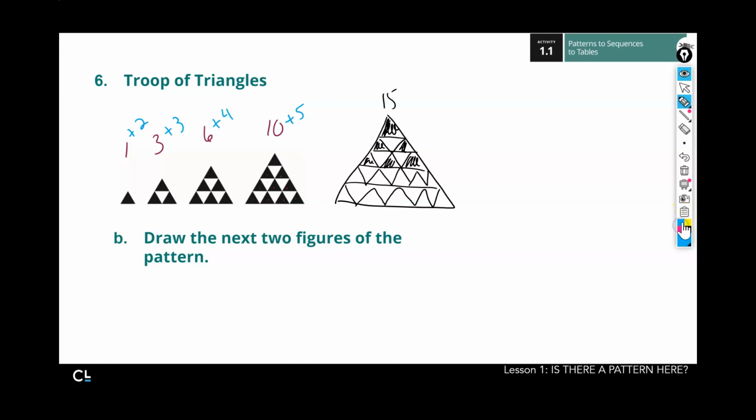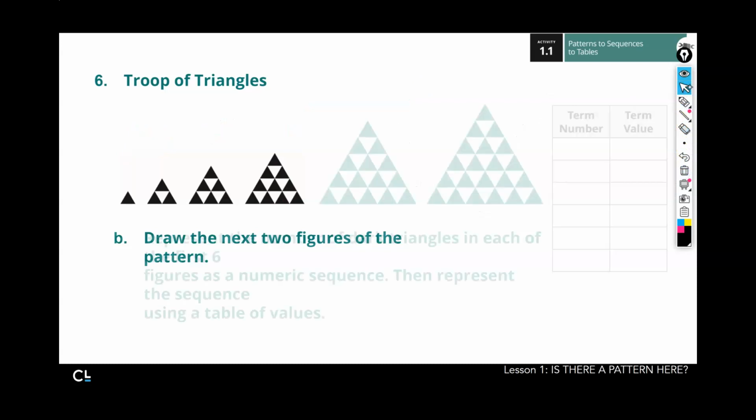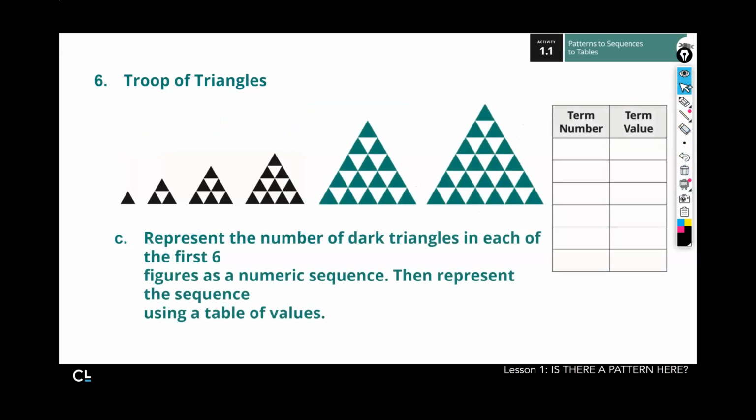Then we would add 6 to that and get 21 dark triangles. Maybe your drawing will be better. Oh, look, they're drawn. You're welcome.